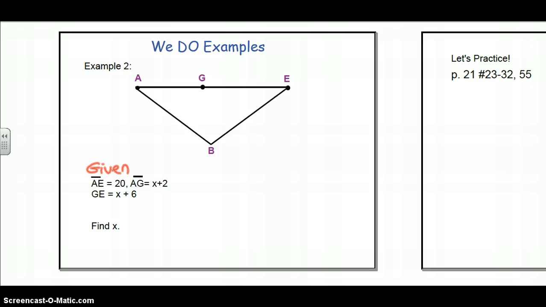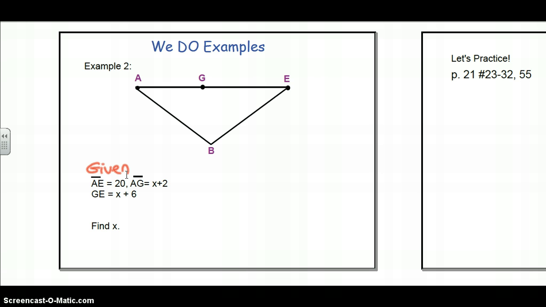So why don't you try to find x on your own? You have AE equals 20, AG equals x plus 2, and GE equals x plus 6. So find x.